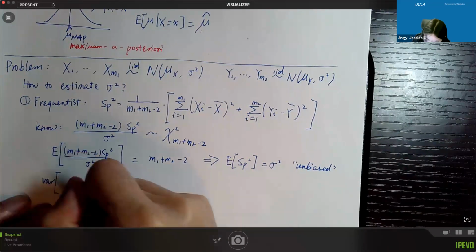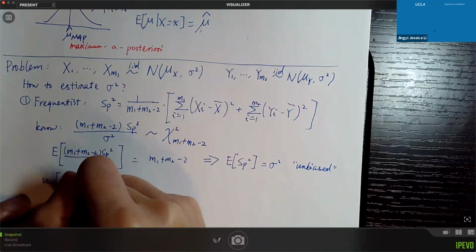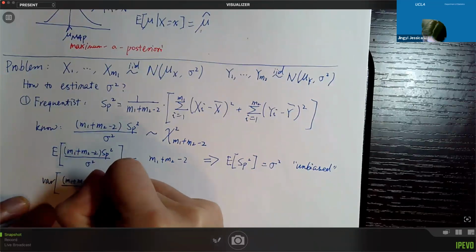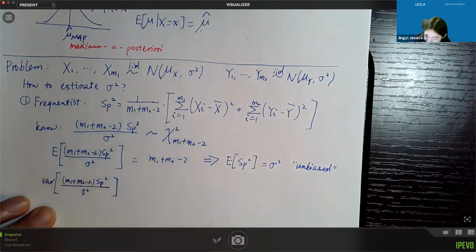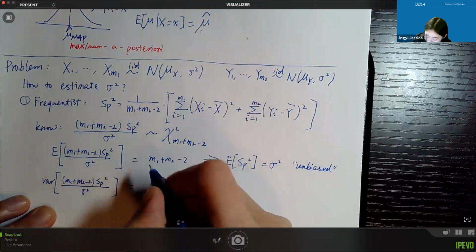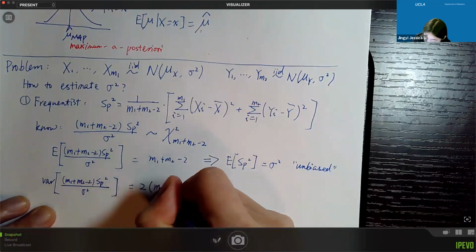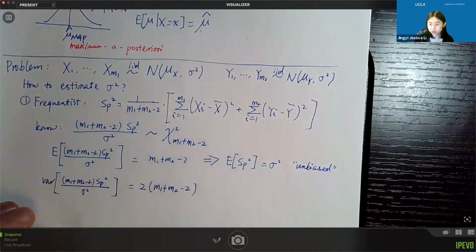The variance of this term, by the property of the chi-square distribution, is 2 times its degrees of freedom. And a property about the variance is that once we take the multiplication constant out of the variance, we need to square it.